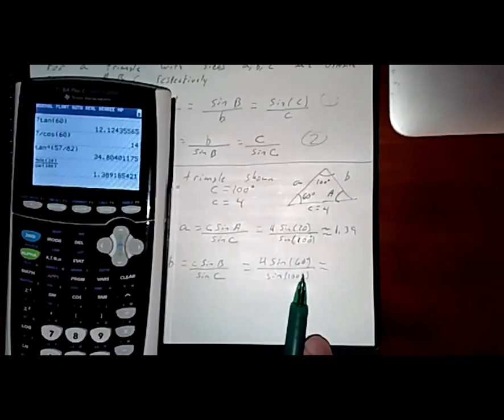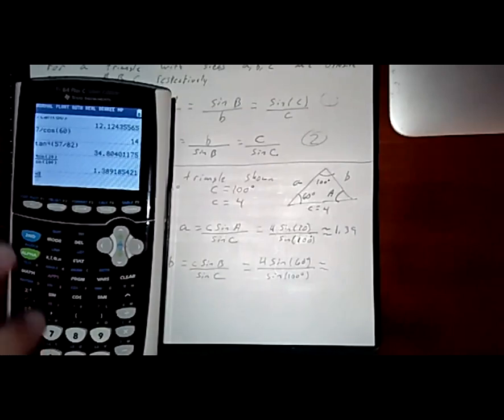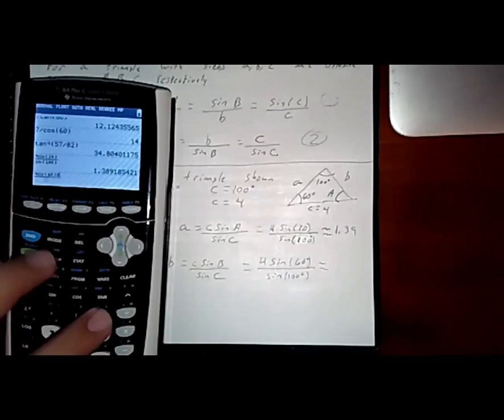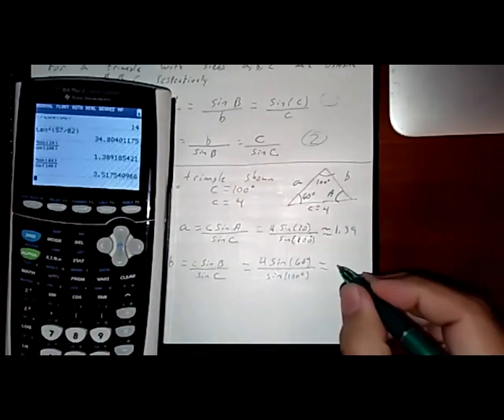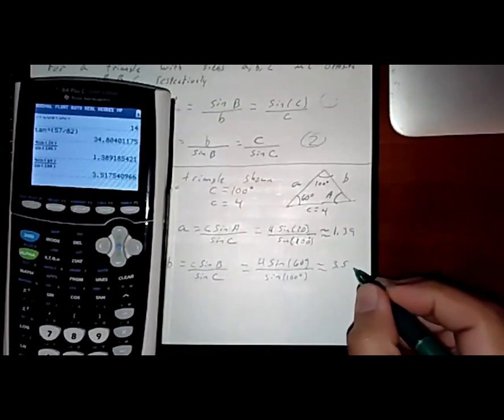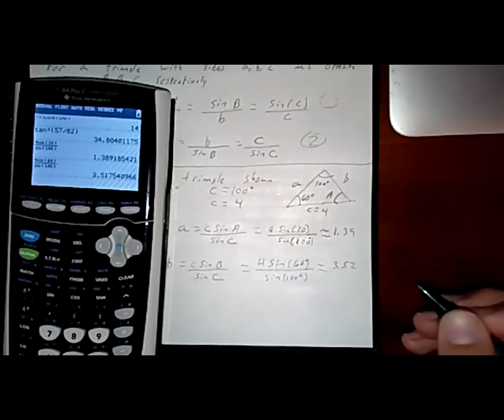Now let's do this one. Go ahead and use the fraction button just to make it pretty. 4 sine 60 over sine 100. So that will be 3.52. So we got our 2 sides.